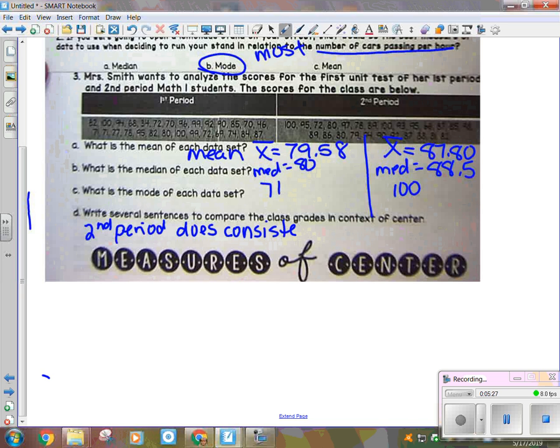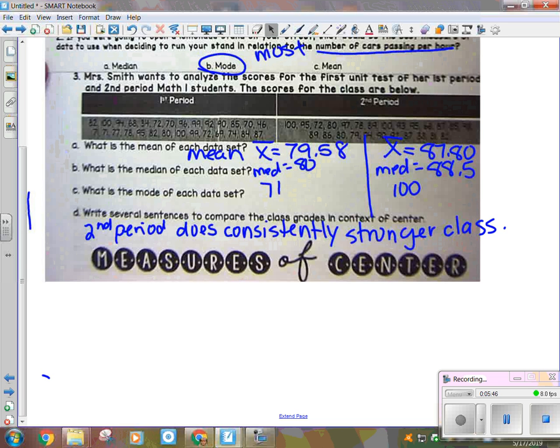It's consistently a stronger class. It's just wanting us to draw a reasonable conclusion. So if you were able to compare one set of data to another set of data, what's a reasonable conclusion to come to?